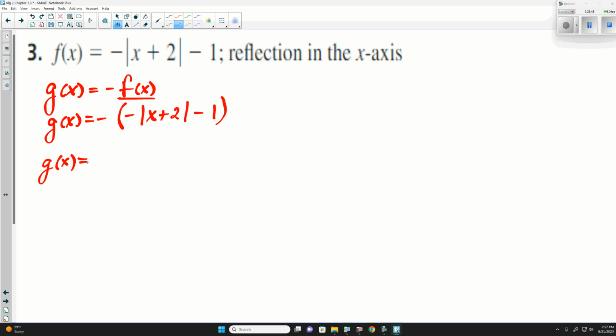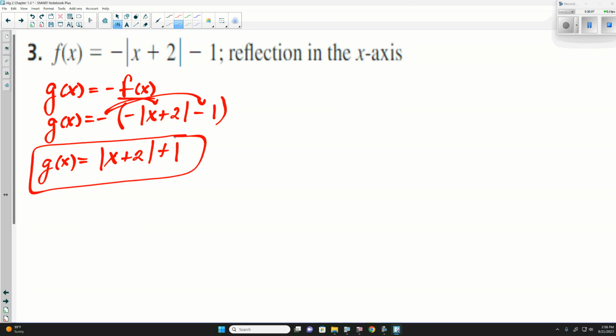We multiply the negative by the negative absolute value. That negative and negative makes a positive, so we just have the absolute value of the expression. And our negative times the negative 1 makes it plus 1. And that is it.